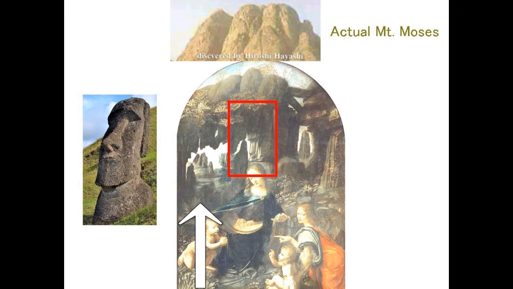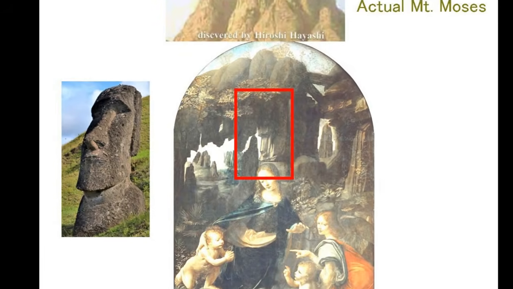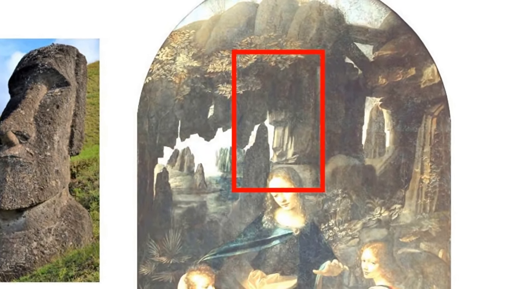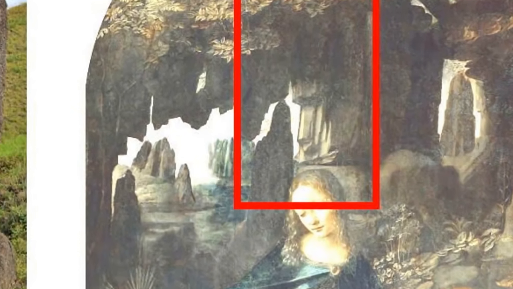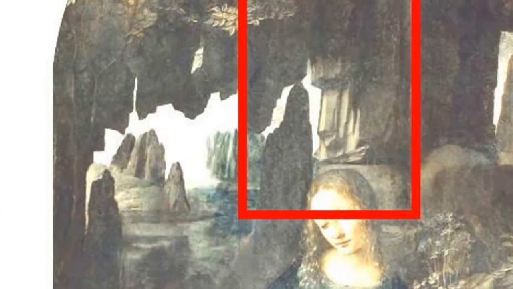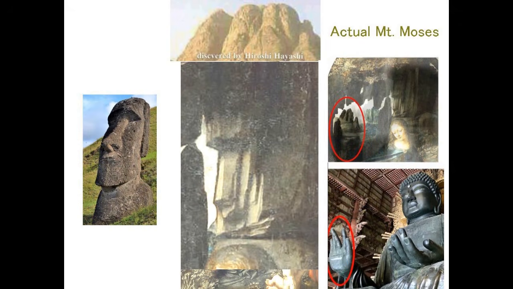Anyone can see that this is a human hand. I will explain the reason why a hand is here a little later, but I, Hiroshi Hayashi, judge that this face and hand are a part of a Buddha statue in Buddhism.